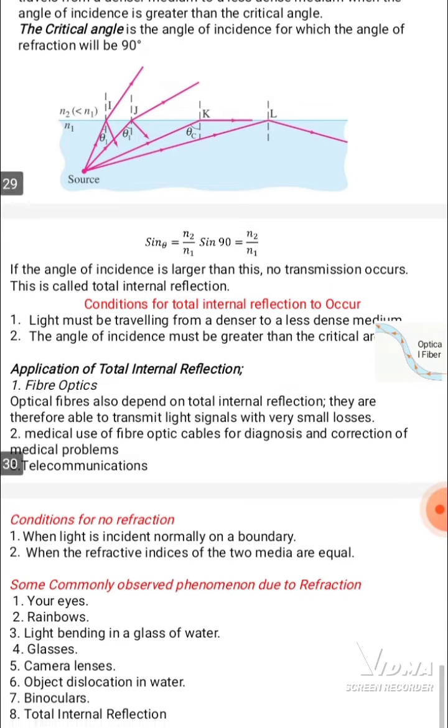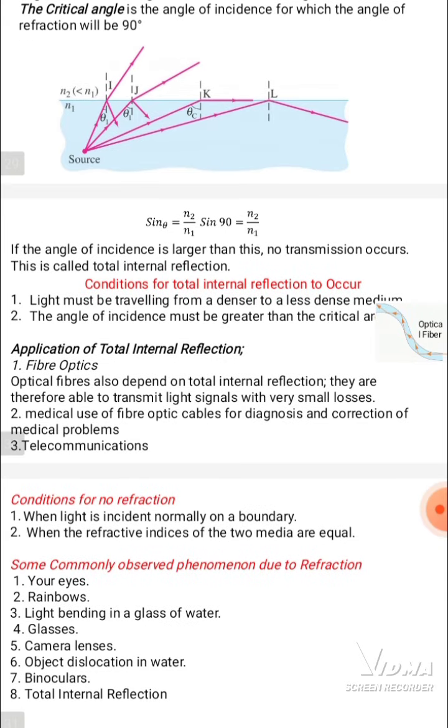As you increase the angle of incidence, the angle of refraction also increases. When the angle of incidence is critical, the angle of refraction becomes 90 degrees. Any increase in the angle of incidence will then form total internal reflection in the first medium, the denser medium.